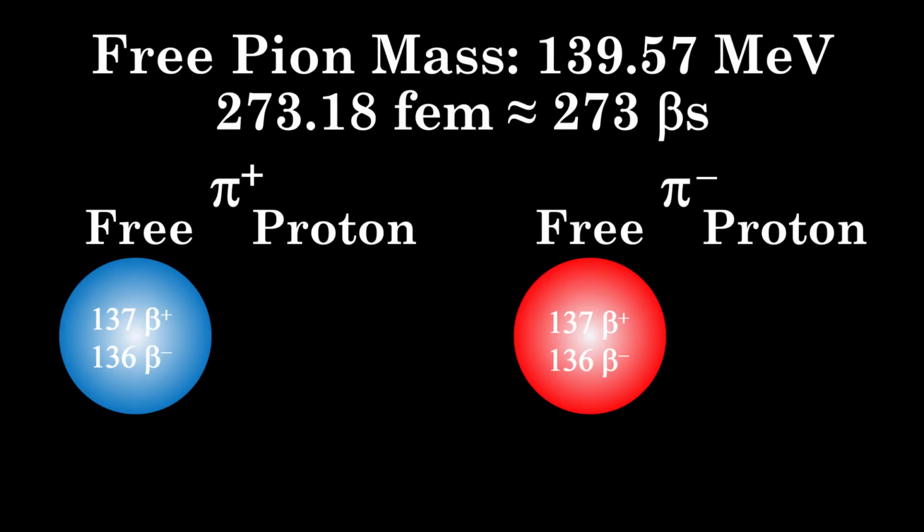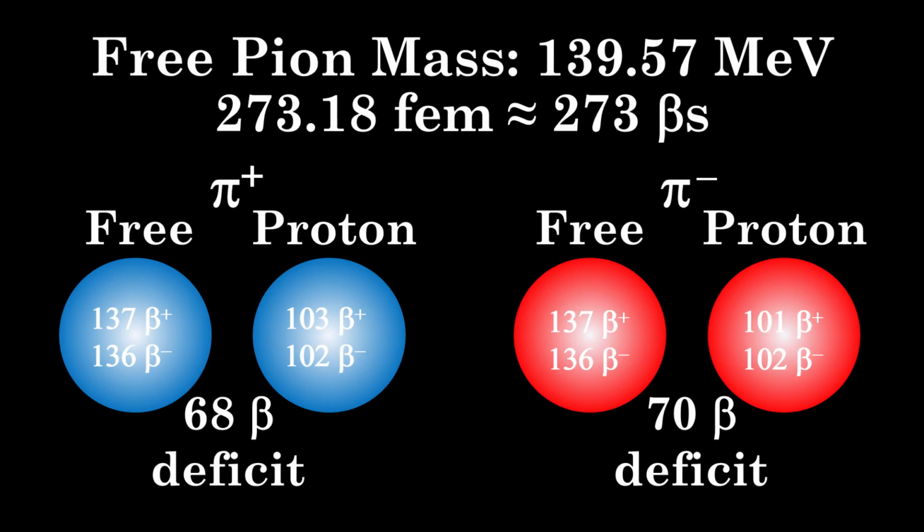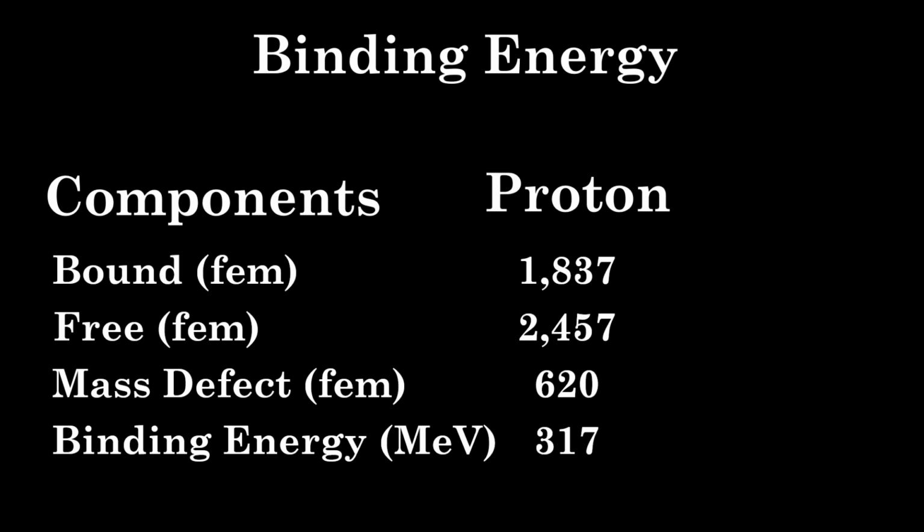The mass of a free charged pion is 139.57 MeV, or 273.18 free electron masses, likely making the free pion 273 betas. This makes the average mass defect of a pion within the proton 69 beta particles, or 39.25 MeV, and the total mass defect of the proton about 620 beta particles, or about 317 MeV.